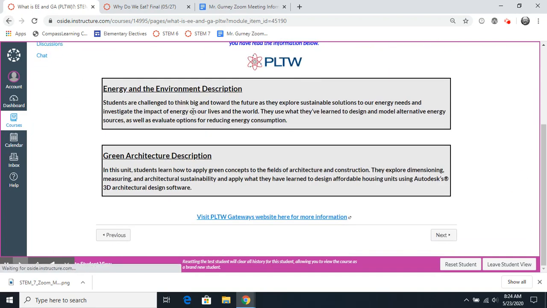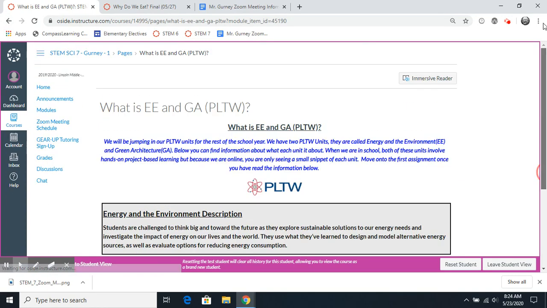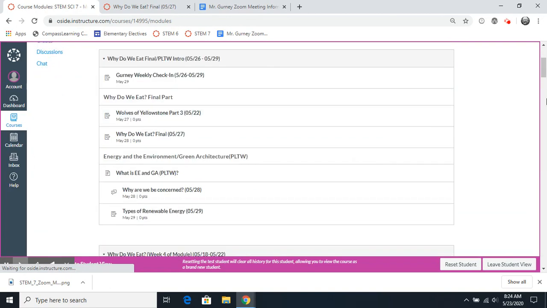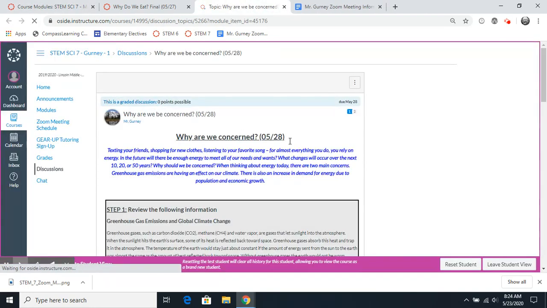But if you take a look at our module page again, you'll notice there are 2 assignments. One is called Why Are We Concerned? That's going to be on Thursday. And the second one is Types of Renewable Energy. That will be on Friday. Why Are We Concerned has directions here.